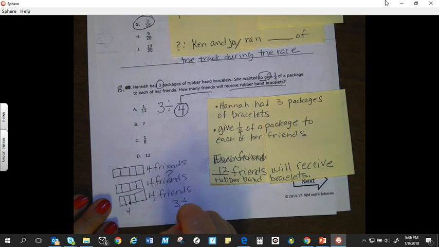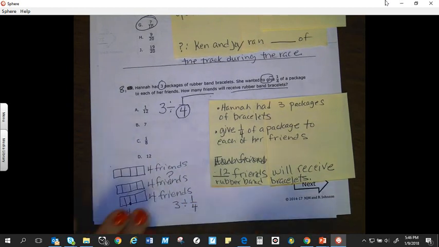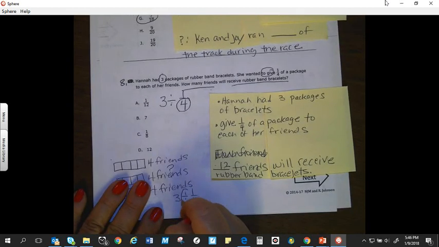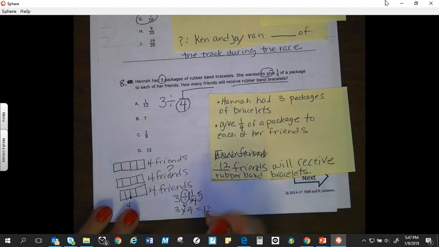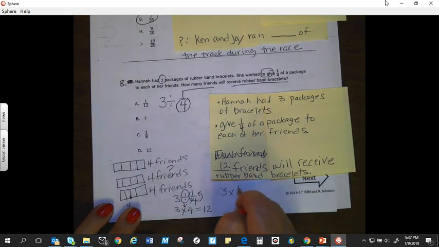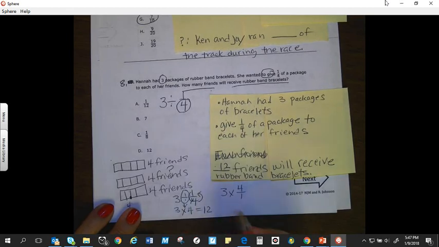So you can do it that way, showing a pictorial model, or let's show you 3 divided by 1/4. Now remember, when we're going to work out this equation, we now have to change this to a multiplication problem, so it's the inverse, and then this becomes the reciprocal, so 3 times 4 equals 12. Because now it becomes 3 times 4 over 1 because it's flipped.